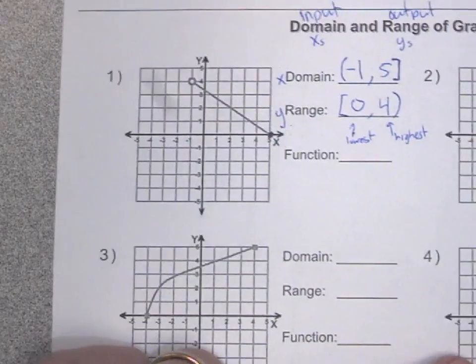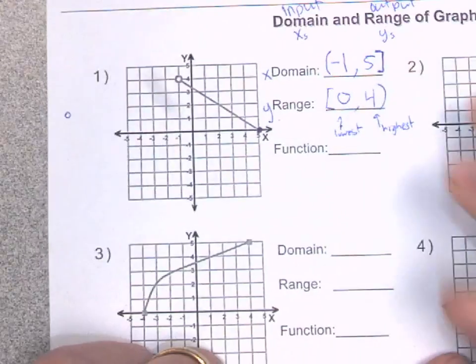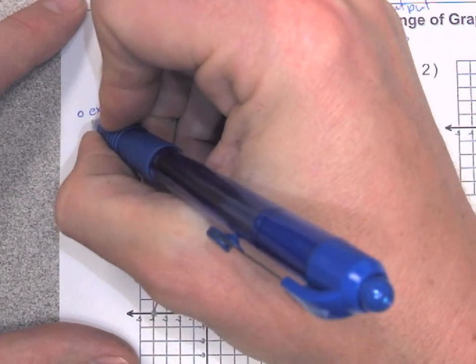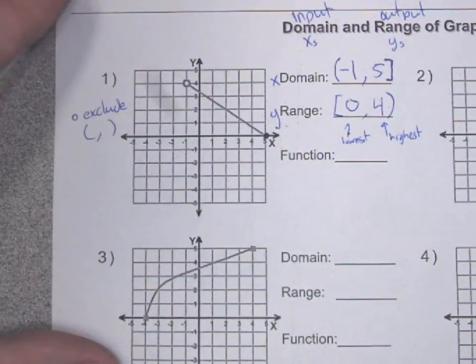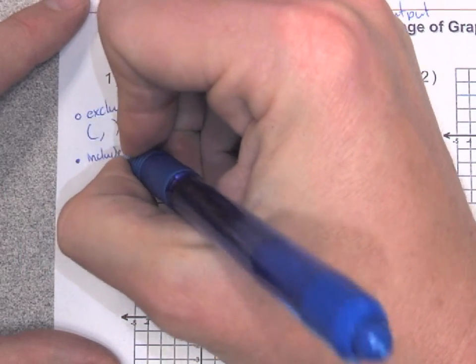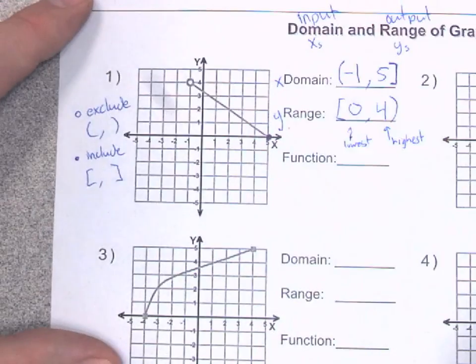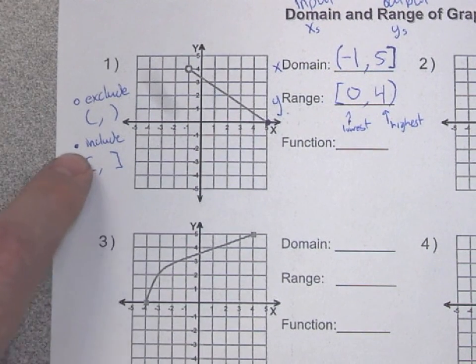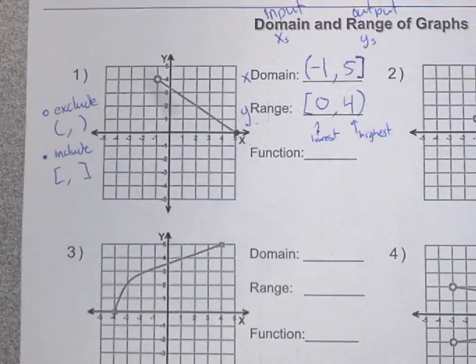For open dots, we're going to exclude, which means we're going to use a parenthesis. For closed dots, we want to include that in our domain or range, which means we're going to use a bracket. Maybe not both, but if that point is included, we use one of those two symbols.